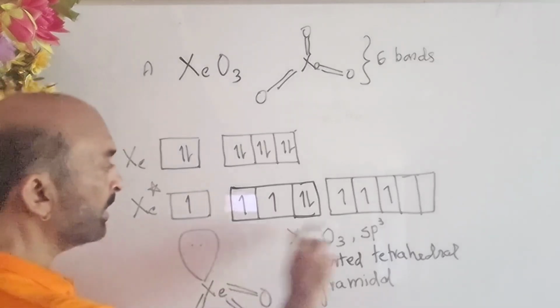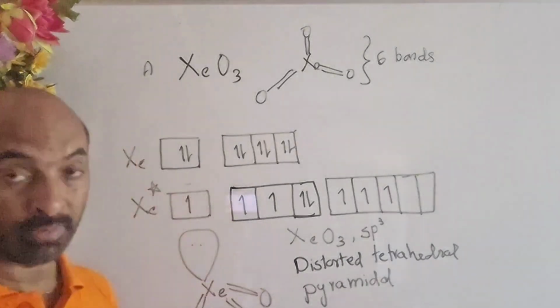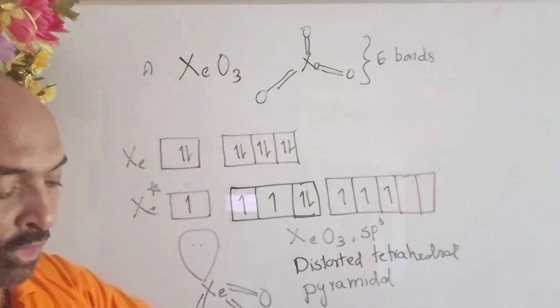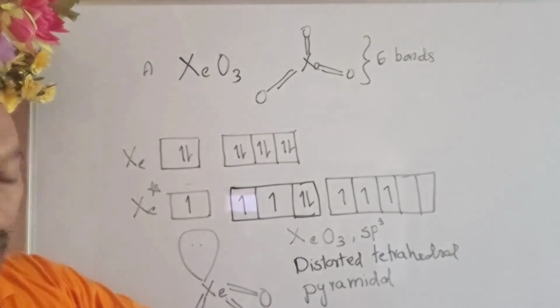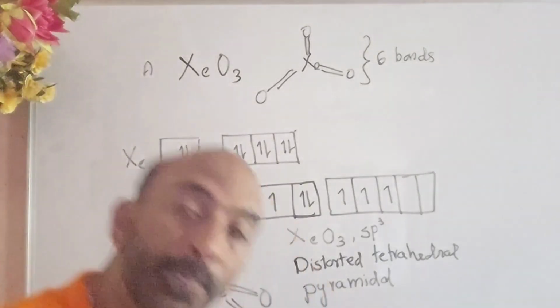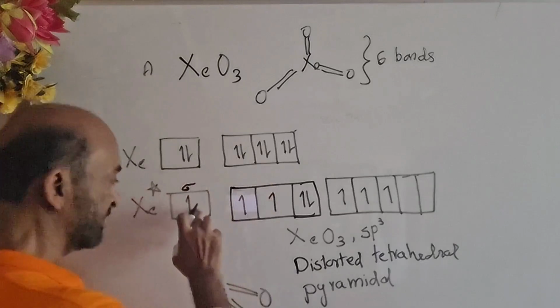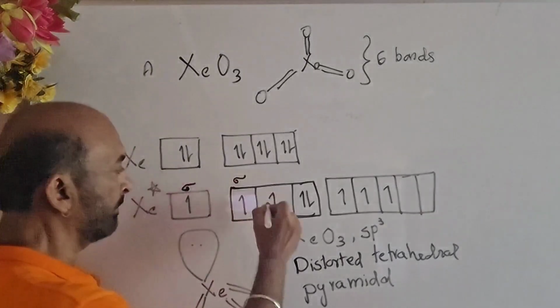Okay. Here we know this will form a sigma bond. But one more thing, pi bonding electron containing orbitals should not be hybridized. So, see, this is sigma. Since this forms one sigma bond, it is hybridized. Another sigma bond hybridized.